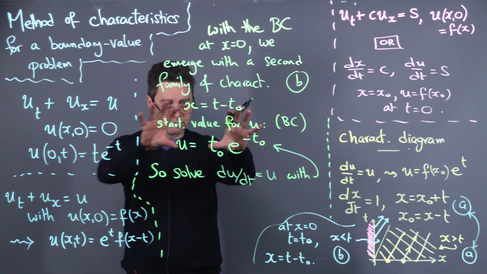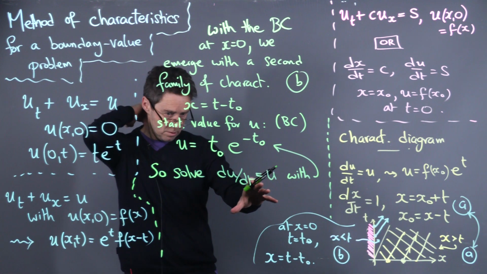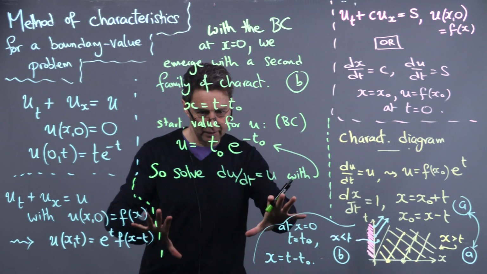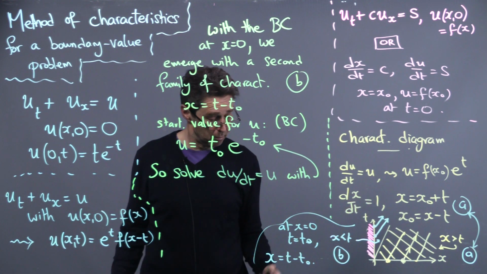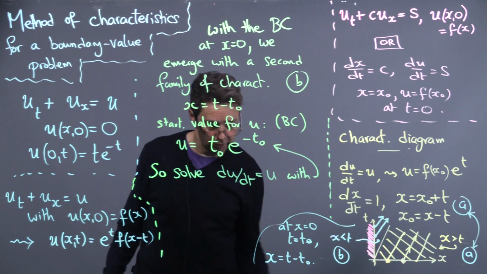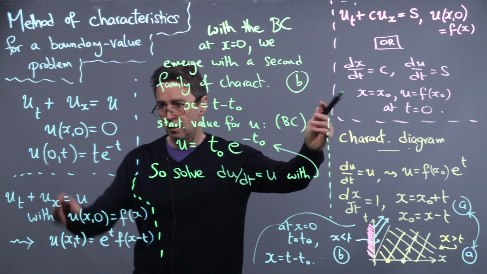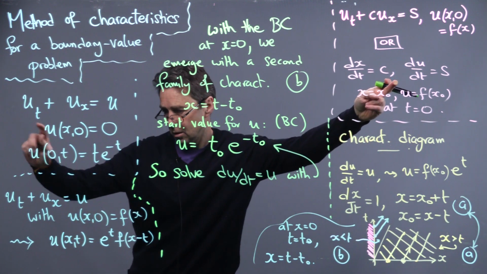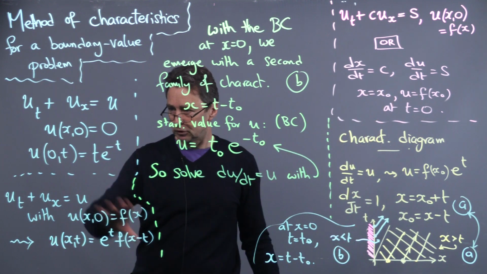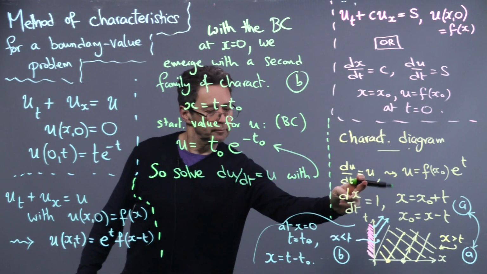So that's how we must revise the problem. We build a second family of characteristics that are connected to the boundary, not the initial condition. We solve, or we resolve the equation for u, which is over here.